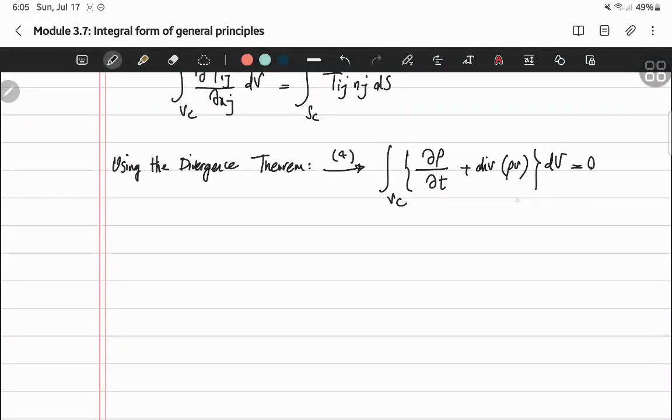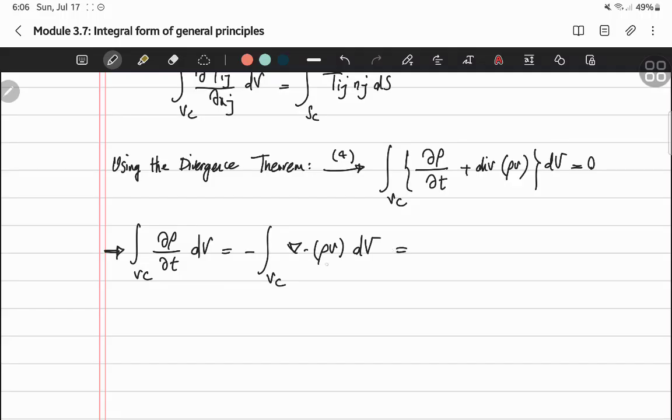So if this is equal to 0, therefore we will have the integral of the partial derivative of rho with respect to t dV on Vc is equal to, then we take this to the right hand side, so it becomes minus the divergence of rho v dV on Vc, and this divergence is basically del dot rho v.